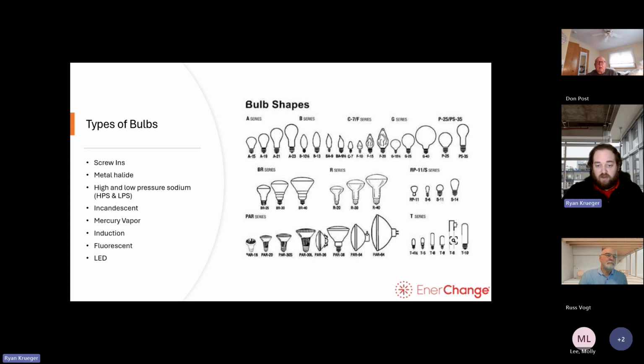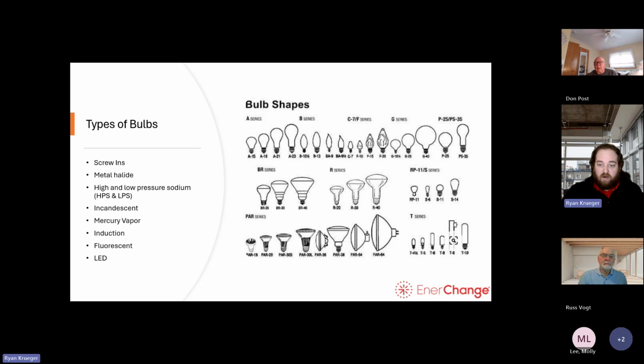So with these, they're screwed into applications where you see them a lot in sanctuaries or recess cans, where you need a certain light level, a certain size bulb to fit into that housing, and then a specific beam angle that it is throwing.